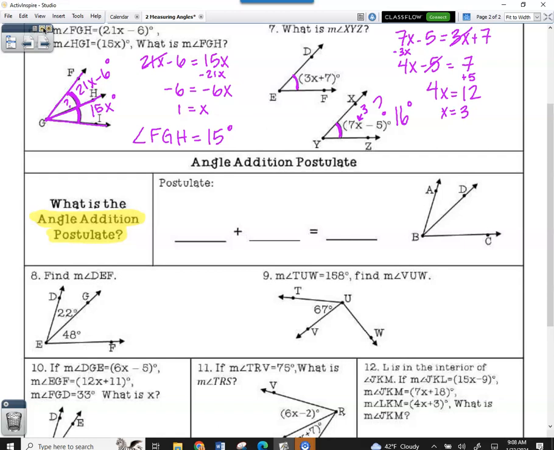This picture over here has 3 angles. You have your 2 part angles, and then you have your outer angle. The angle addition postulate, you're going to hear me say this a lot, is part plus part equals whole. Part plus part equals whole.